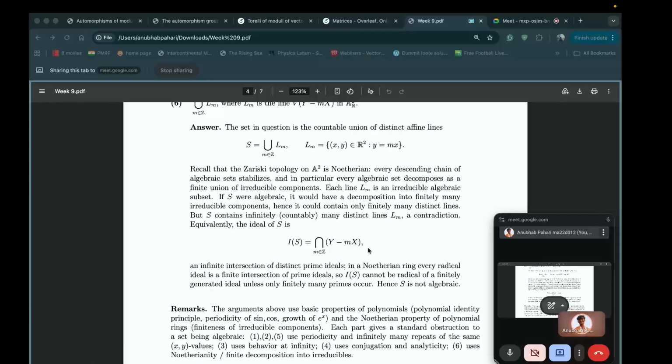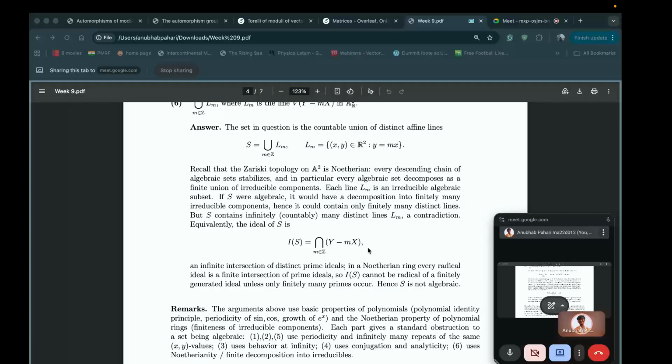Each line L_m is an irreducible algebraic subset. Now, if S were algebraic, it would have a decomposition into finitely many irreducible components. Hence, it could contain only finitely many distinct lines. But S contains infinitely many distinct lines L_m, a contradiction.